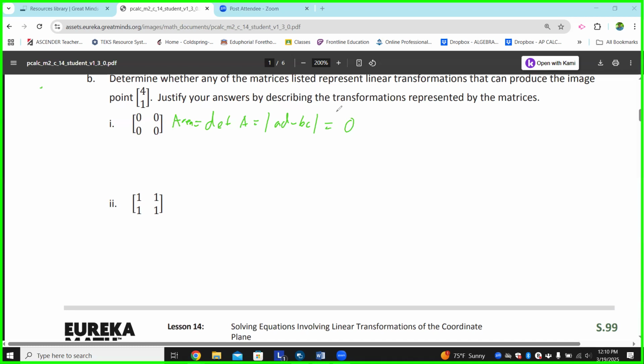Let's look at part 2 there. What would the determinant of this guy be? 0, because this becomes 1 times 1 minus 1 times 1, which is 1 minus 1, which is just 0. So instantly, I was able to look at this and go, there's not going to be an answer here either because the determinant is 0. Now let's look at that last one.